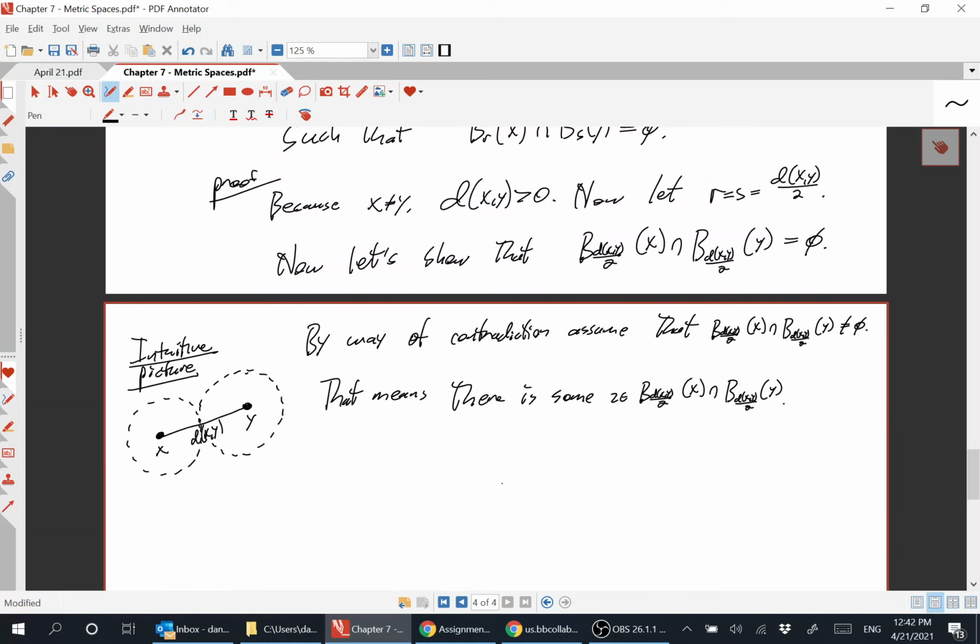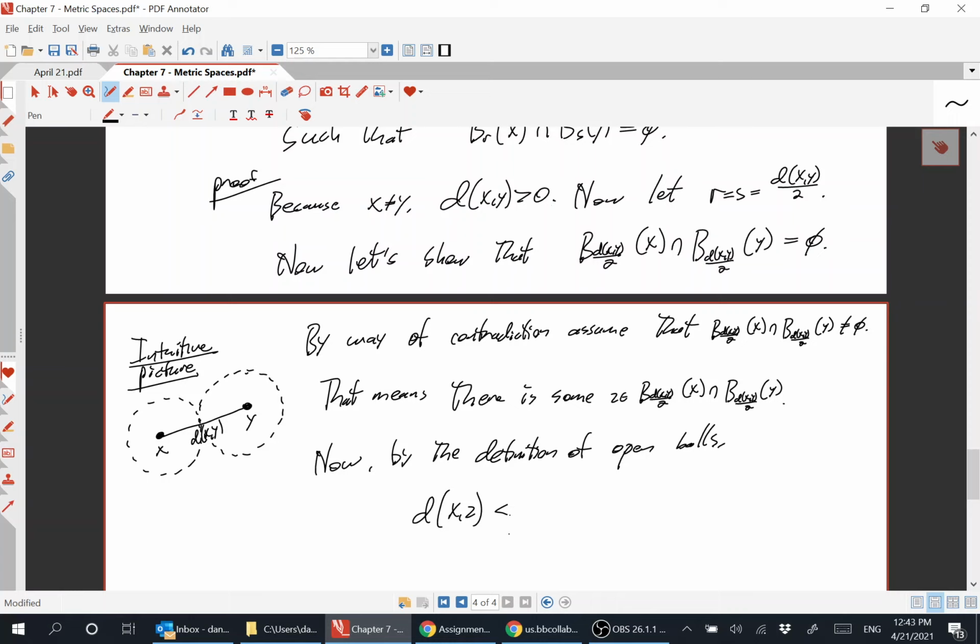Okay. Well, now, right, by the definition of open balls, the distance from x to z is what? Less than the radius.